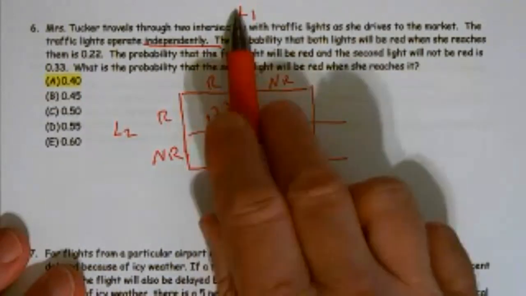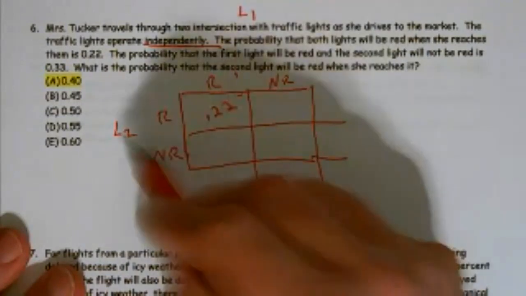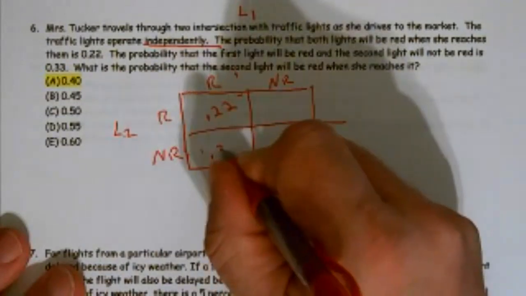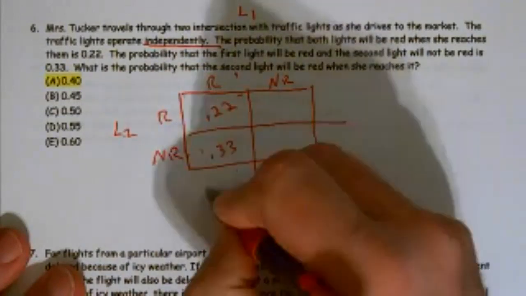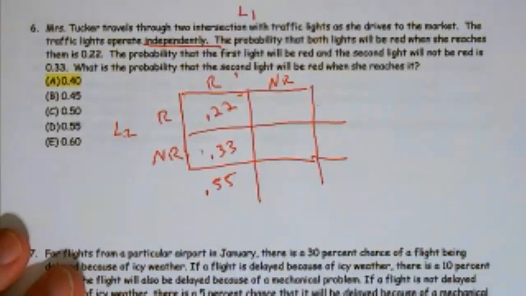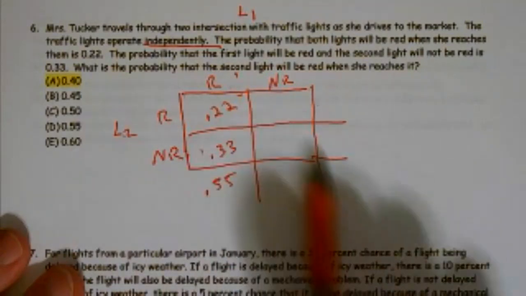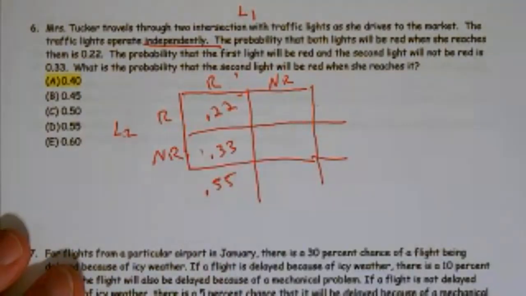Well, we said this was light 1 and not red, so light 1 is red, second one not red is 0.33. So that means the probability right here is just 0.55 because I can sum those up directly. But now I'm stuck, or at least I think I am, because I don't have any more information. They didn't give me any other numbers to work with, except they told me that it was independent.